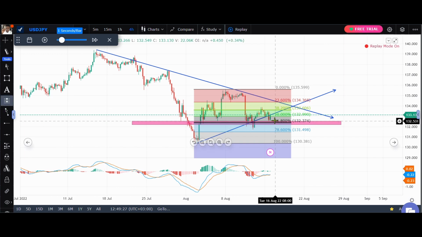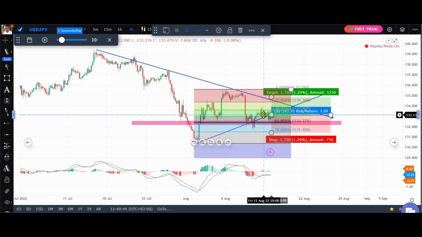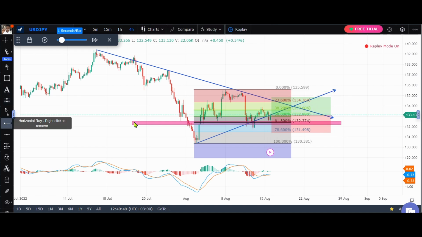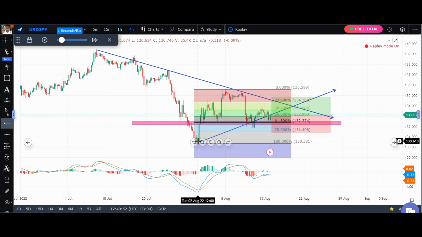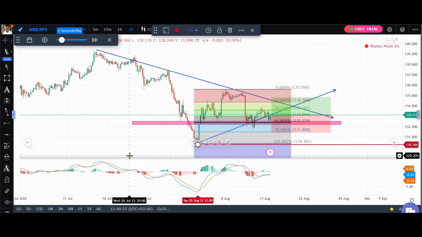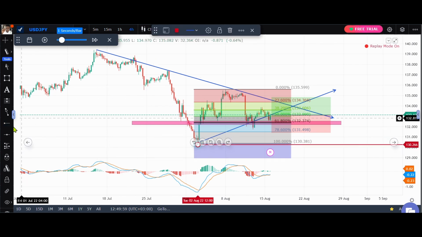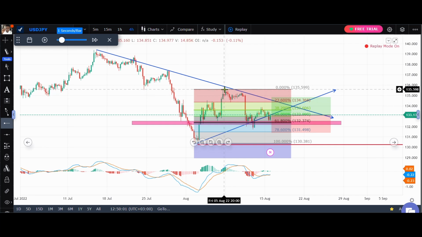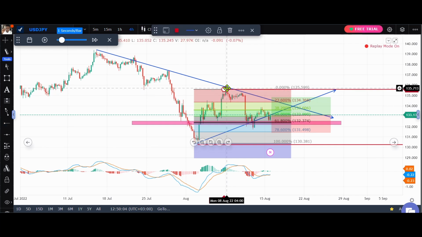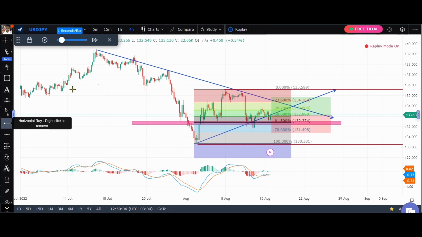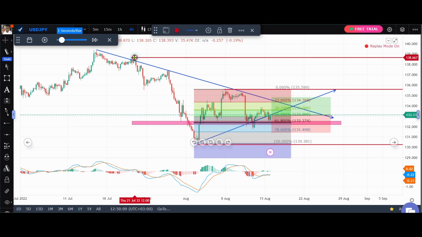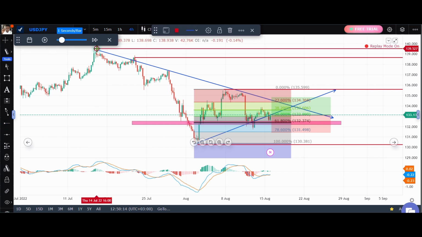Let's go long here. Now, the stop loss should be slightly below our previous low there. Our first take profit should be somewhere here, and our second take profit should be here, and our third take profit should be all the way up.